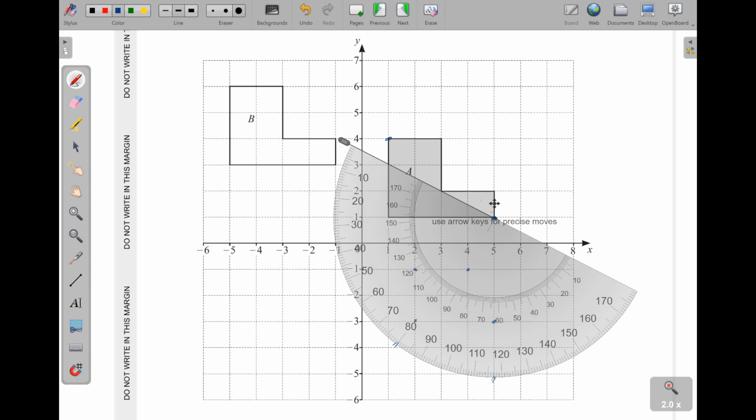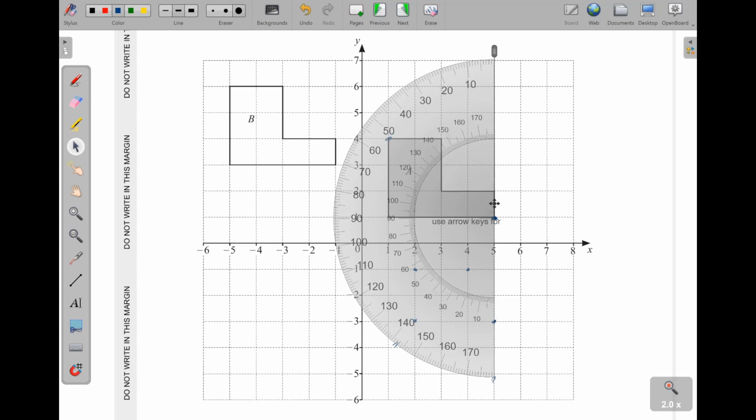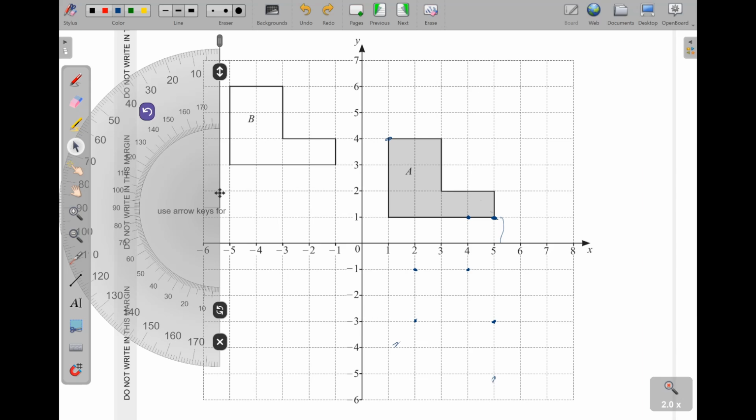Okay. And of course, this one here, the last one there, it's just 1 square. So you go one square this side, so it will be here. Now I can remove my protractor, and that will be my shape there.